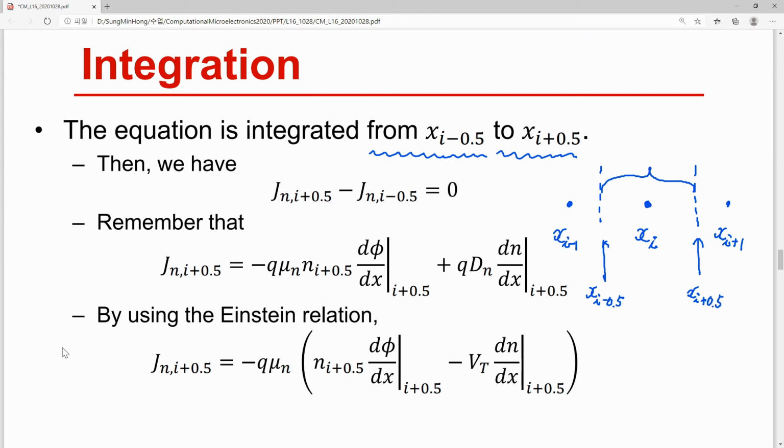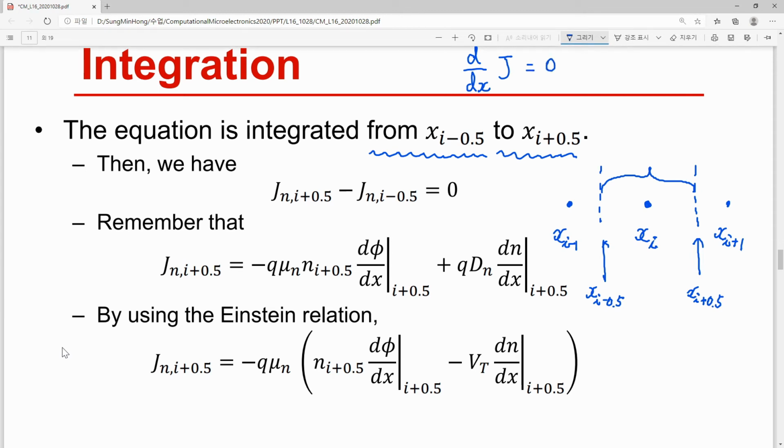Okay, so when we integrate it, since our equation itself just looks like the first derivative of J should vanish, this one goes away, and now we have just the difference of Jn values evaluated at the upper bound and lower bound.